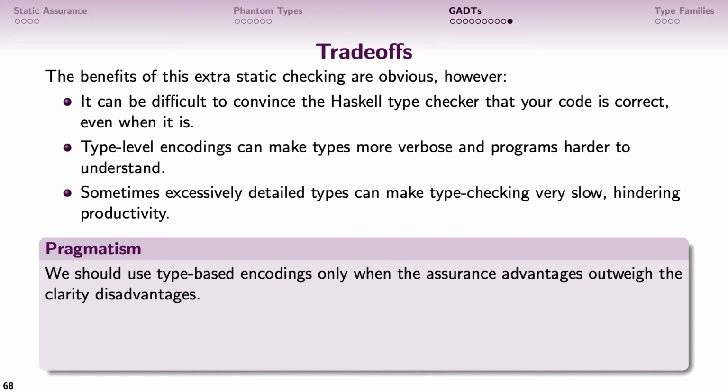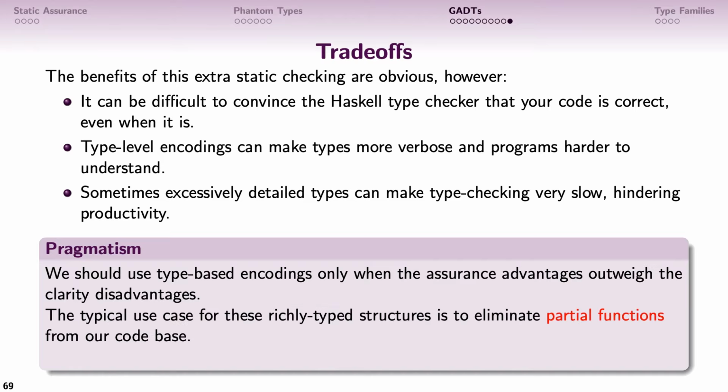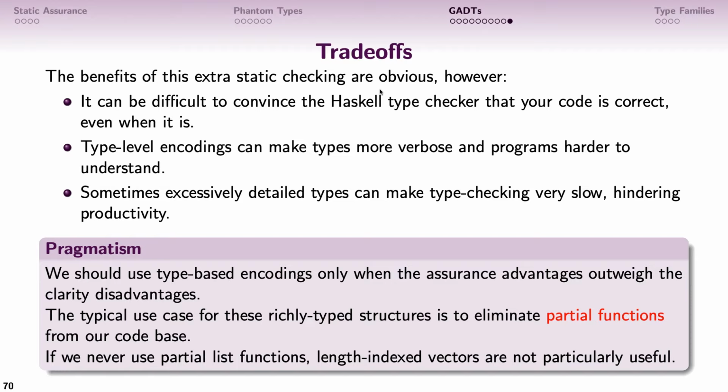The main use case for doing this is to eliminate partial functions, right? Because that's always the danger zone when we're looking for bugs. So if we can eliminate partial functions, it's probably a good idea to give it a go. But if you never use a partial list function, for example, then having a length indexed vector doesn't help you at all.